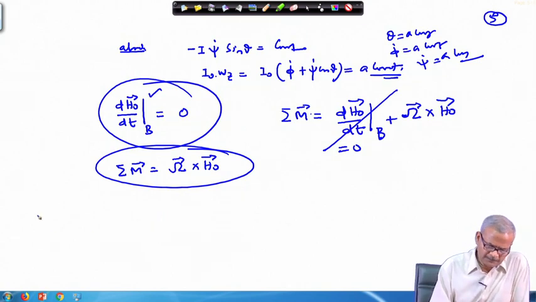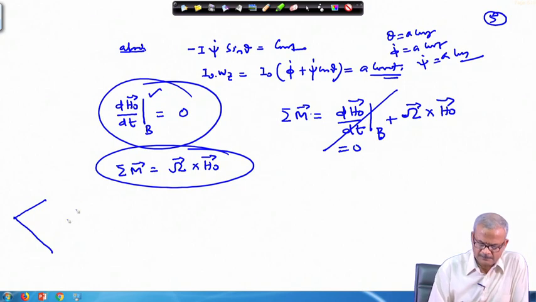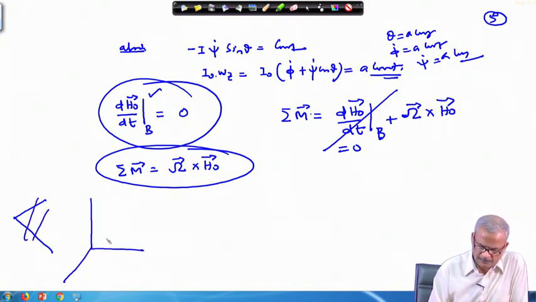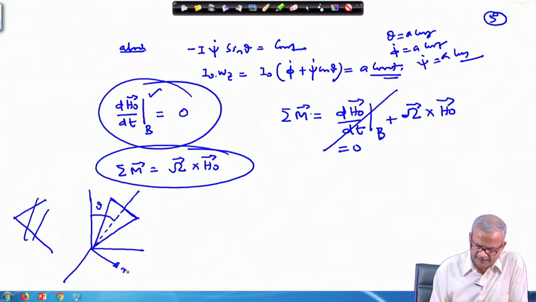Okay. Moreover, in this problem, where the cone is tilted like this, this axis is making angle theta with this one, and here your x axis and y axis are directed.